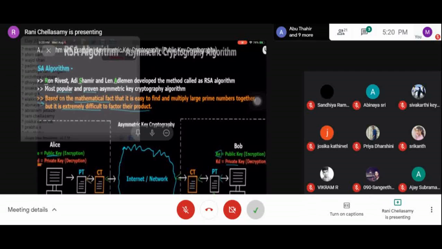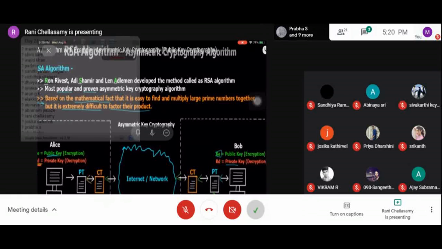It is the most popular and proven asymmetric key cryptography algorithm. It is based on the mathematical fact that it is easy to find and multiply large prime numbers together, but difficult to factor their product.